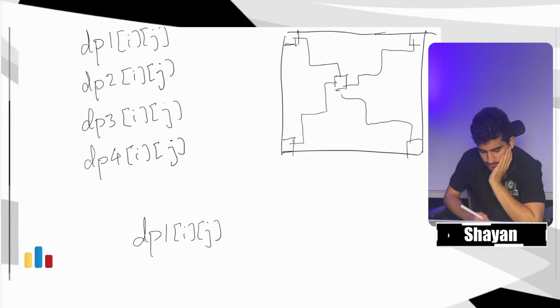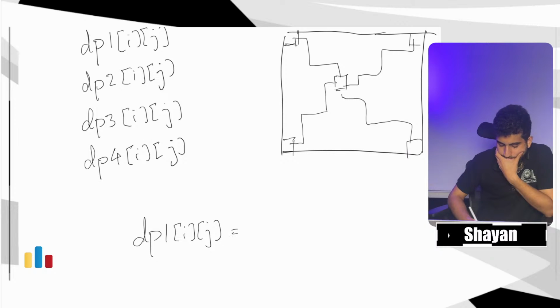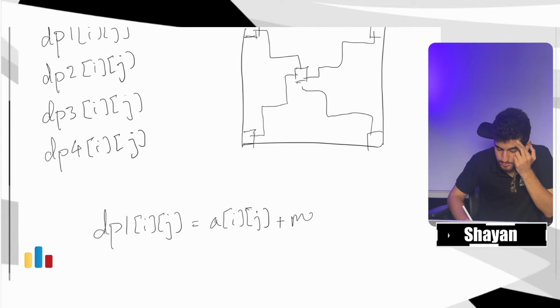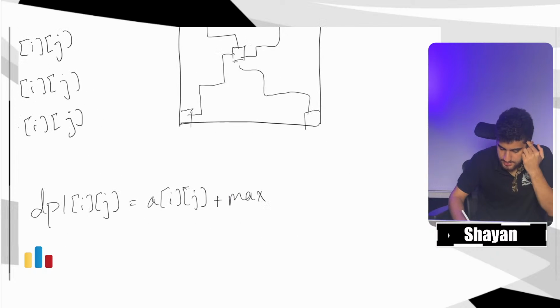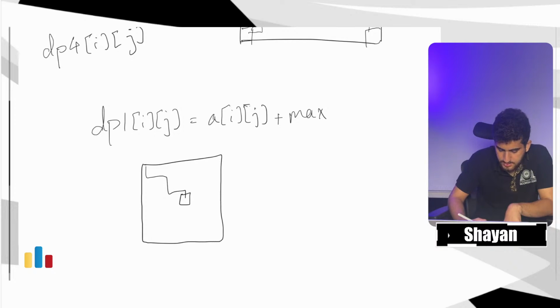So, dp1 of i and j is going to be a of i and j. We definitely have a of i and j because we have a path to cell i and j. So a of i and j plus the maximum of, I mean, if I have a path from the top left corner to cell i and j, I know that the cell before i and j is going to be either i minus 1 and j or i and j minus 1.